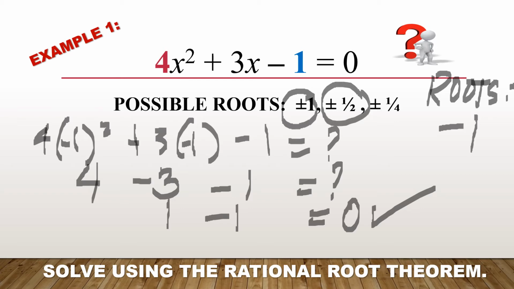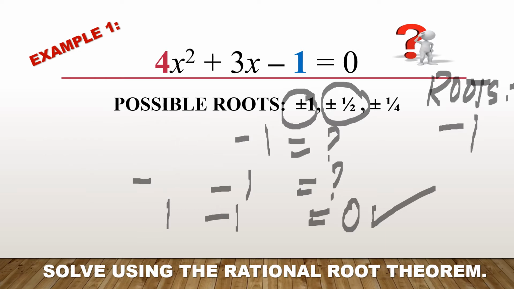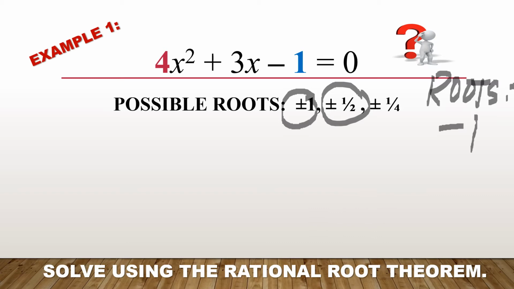This time, let us use synthetic division, for you to know that aside from remainder theorem, of course, you can still use synthetic division for us to determine whether the given number is a root or 0 of the given polynomial.